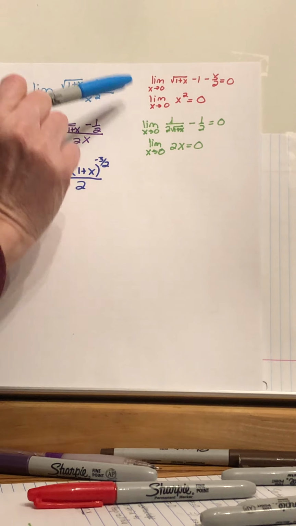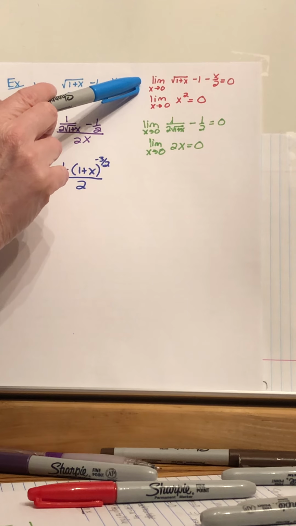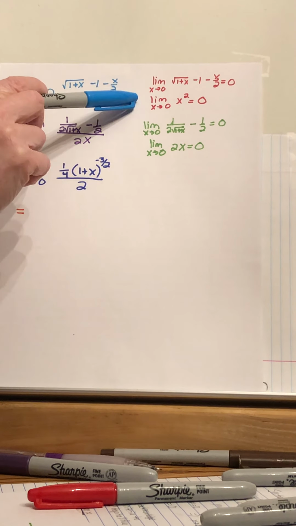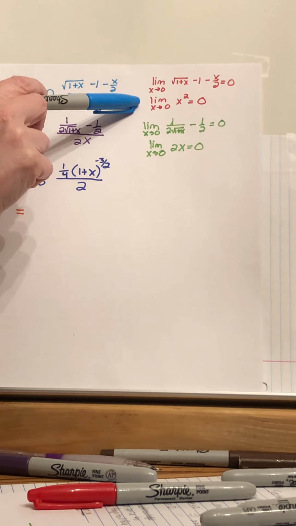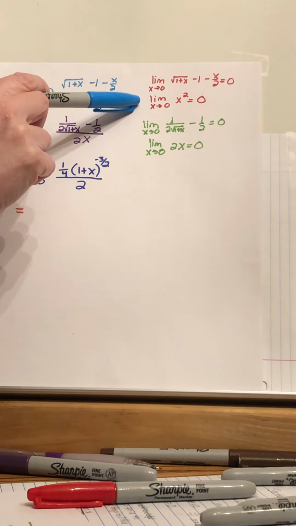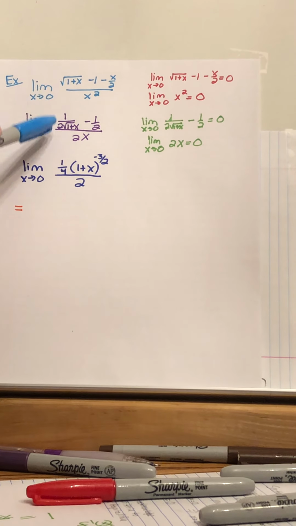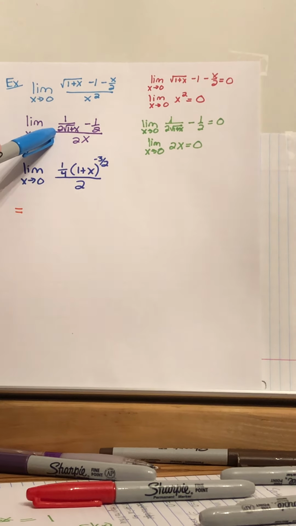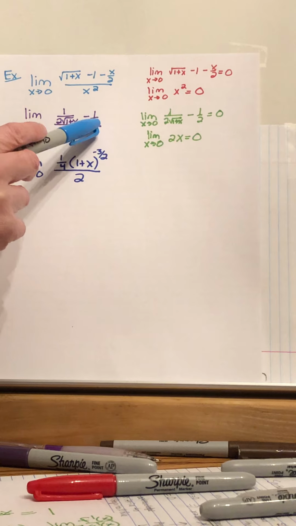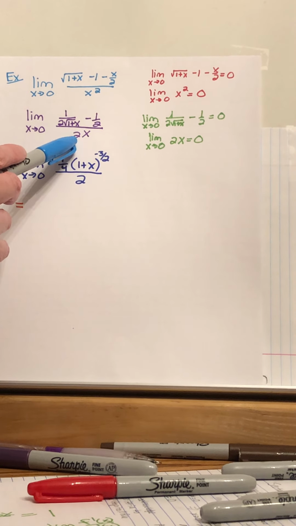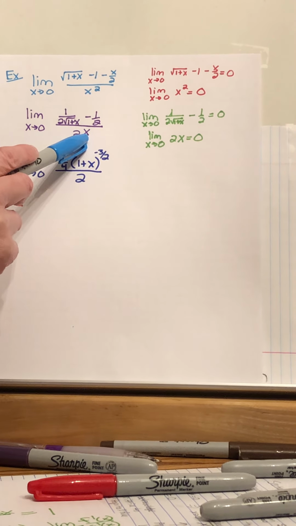I can see my numerator goes to 0, the denominator goes to 0, so I have that indeterminate form of 0 over 0. I apply then L'Hopital's rule, so the derivative of the square root function becomes this piece right here. The 1 goes to 0, the derivative of x over 2 is a half. The derivative of the denominator is 2x.